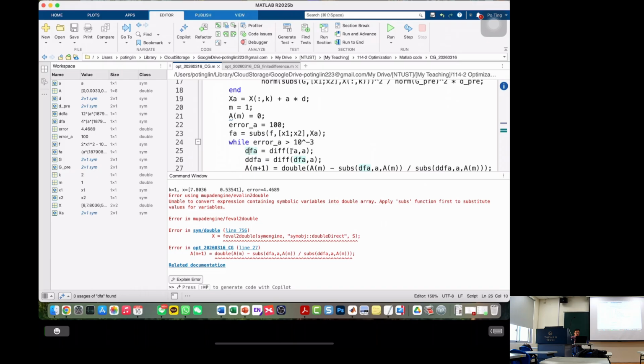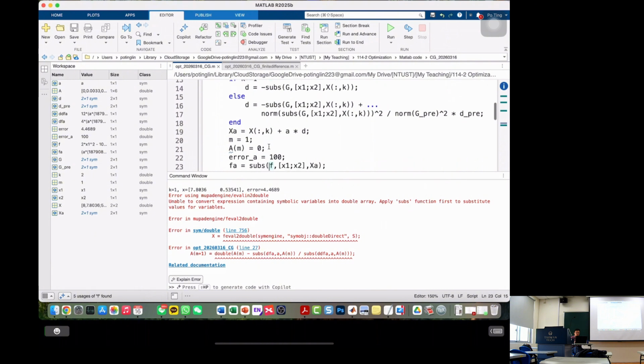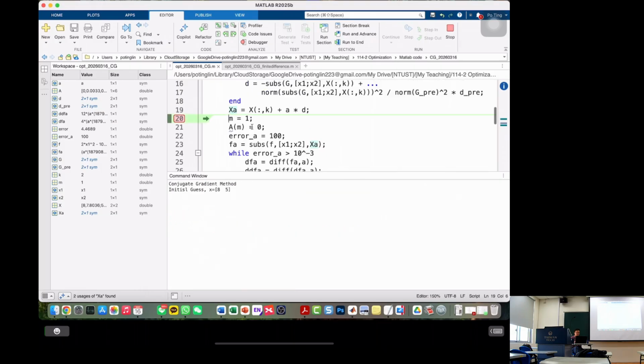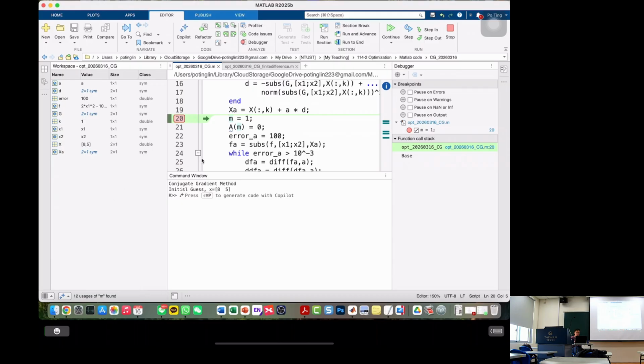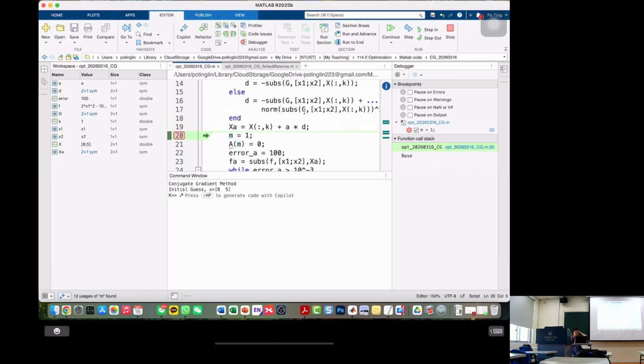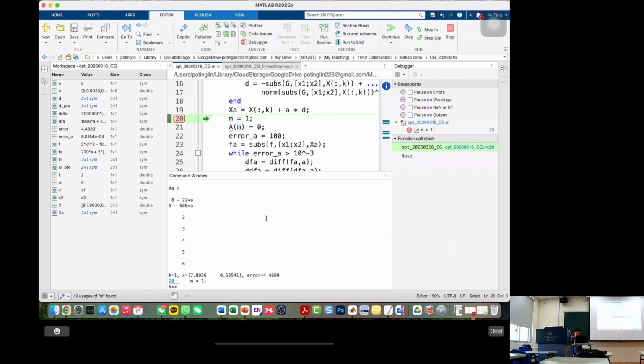FA is XA. Okay, let's take a look at how XA looks. XA is symbolic. Let me take a look at XA. Oh yeah, that's fine. So how about the next iteration? Okay, XA again.